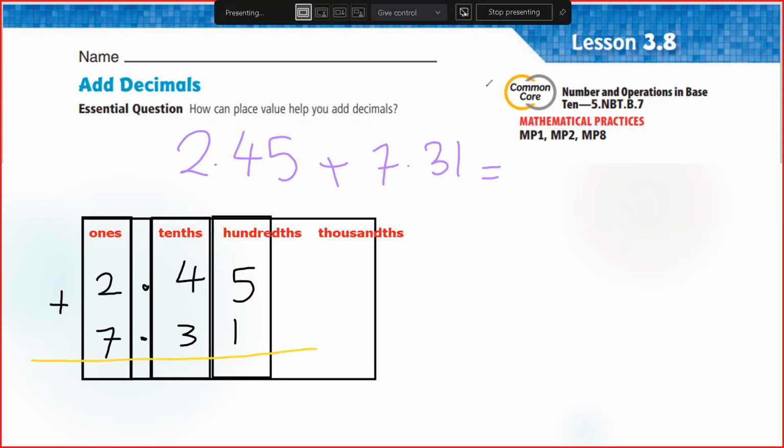Just add the hundredths together. 5 plus 1, 6. 4 plus 3, 7. Then write the decimal point down. Keep it down because you arranged them. Then 2 plus 7, 9. So the answer will be 9.76.